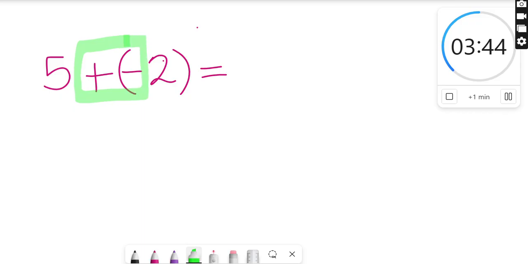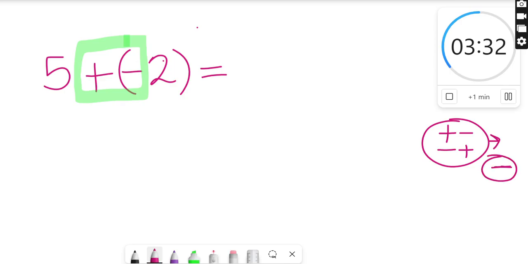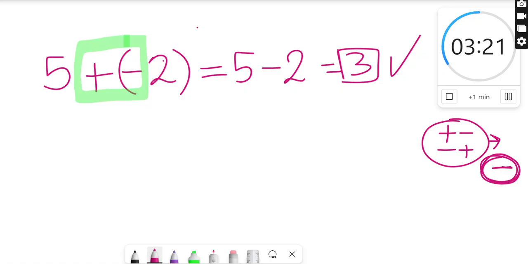So when we have plus and minus next to each other, it will always turn into minus. Two different signs will always give us a minus. So that means 5 minus 2. This is easy now. 5 minus 2 is equal to 3. Done.